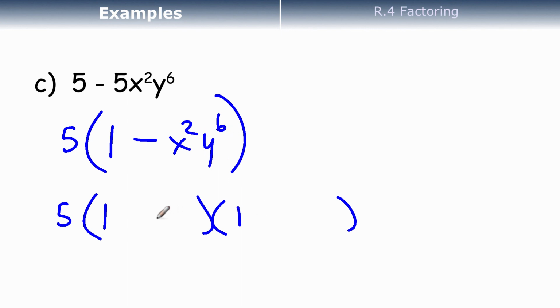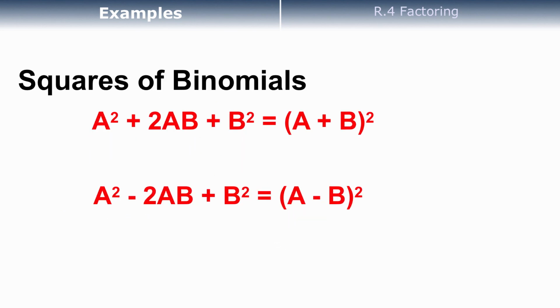And then this one I would split into an xy cubed if I split that in half. It has to be the exact thing there. And then one's plus, one's minus. Difference of squares.